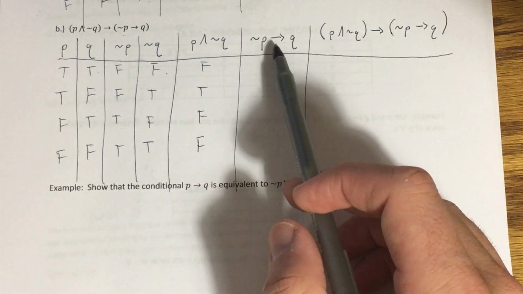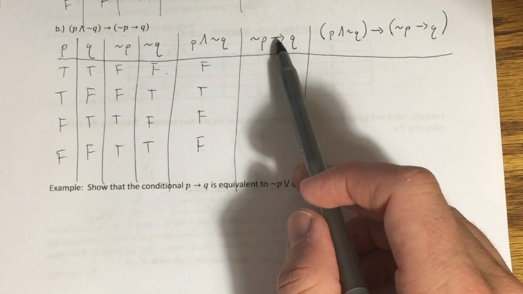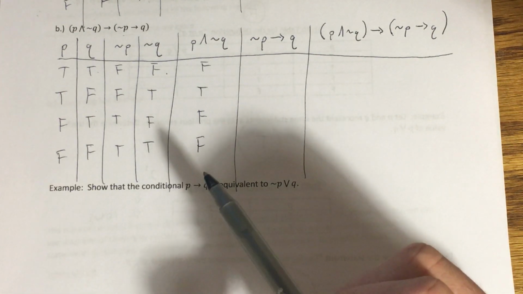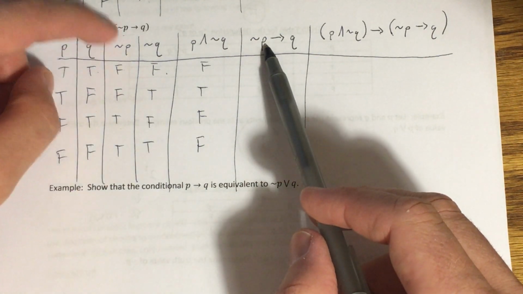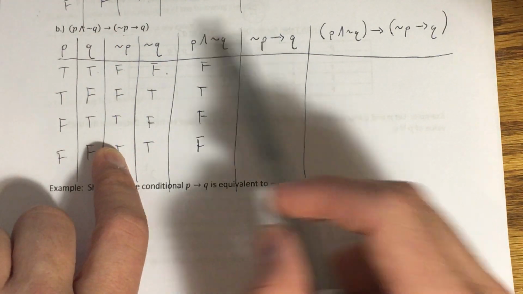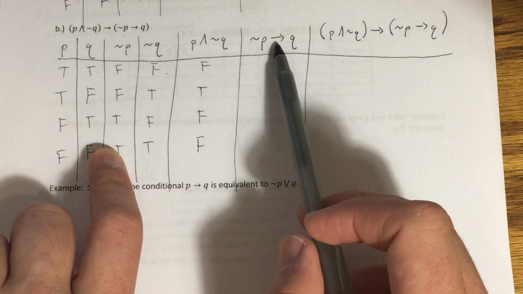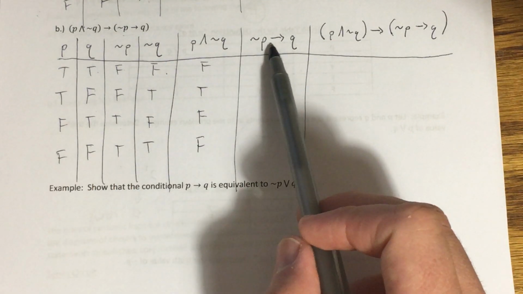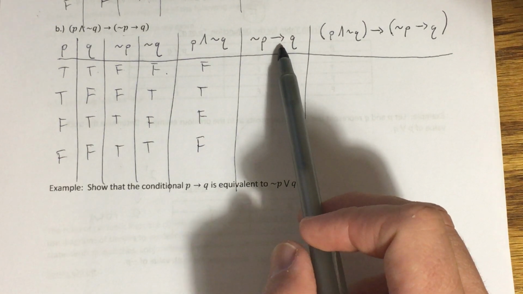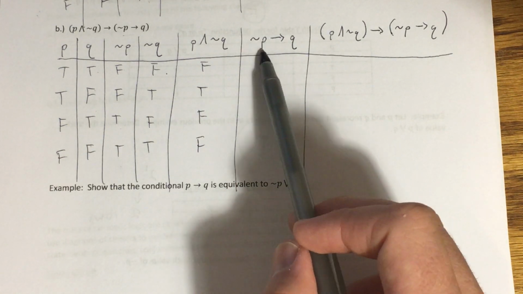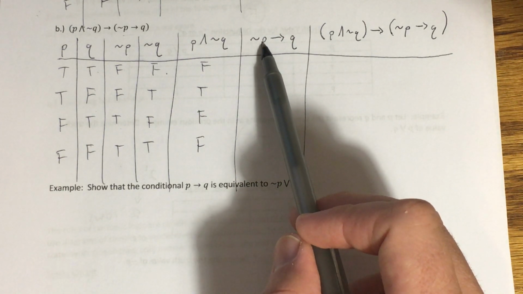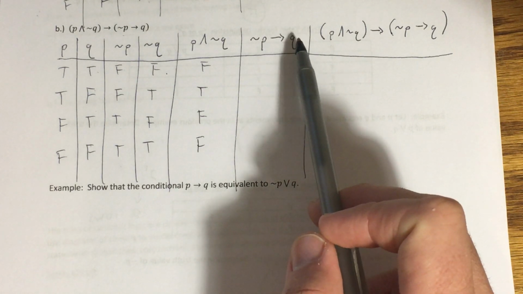Okay. Next up, I have not P implies Q. So where is my not P column? It's here. Q is the column before it. But remember, the conditionals have a direction that's implied here. I need to remember which statement is the antecedent and which statement is the consequent.